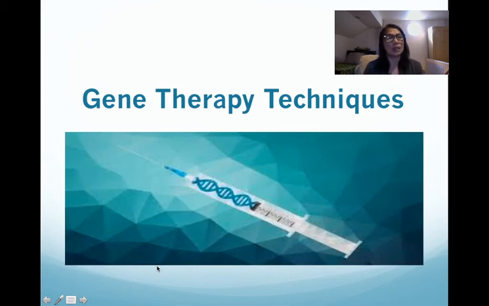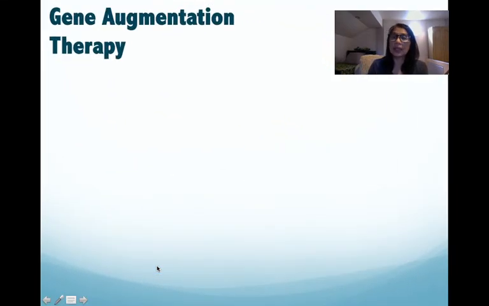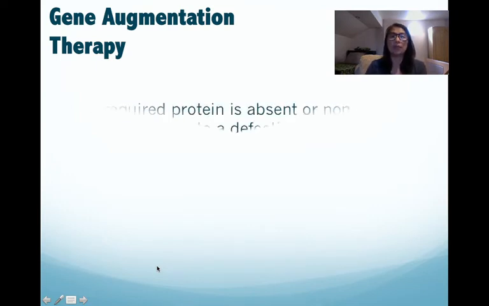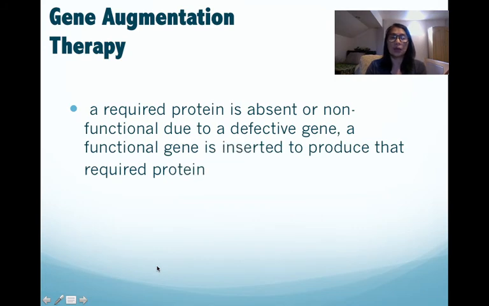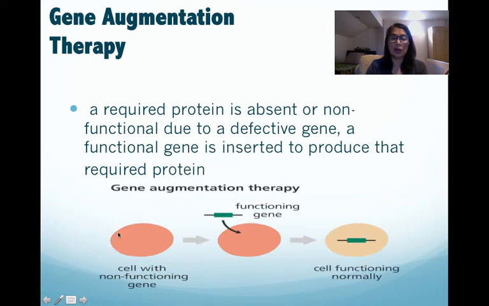Now, how does it work? So how does gene therapy work? So we have here the various techniques. One technique is known as gene augmentation therapy. In this kind of therapy, we have here in the diagram a cell that is not functioning, or with a gene that is not functioning, or is a defective gene.